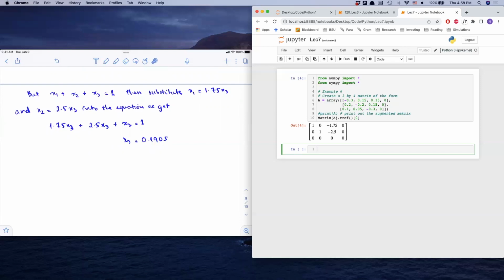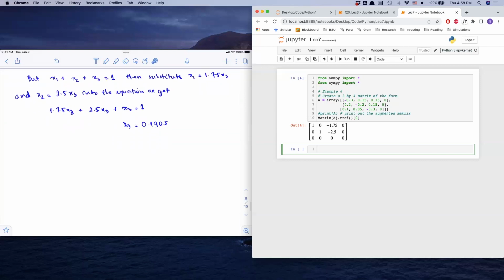Now with x3, we can substitute back into x1 and x2 to obtain the solutions. Then x1 equals 1.75 times 0.1905, and this is going to give you 0.3333.